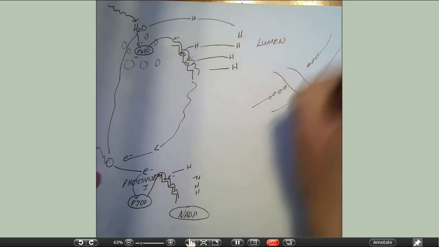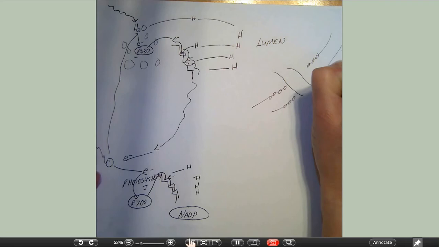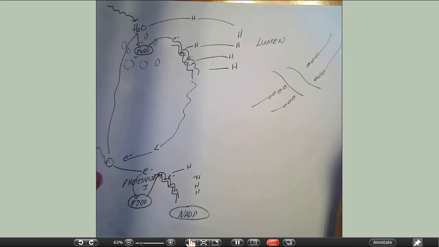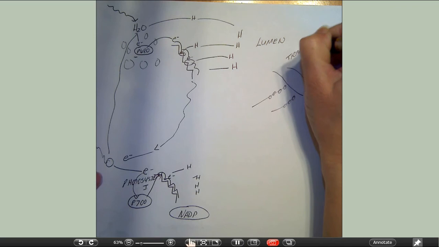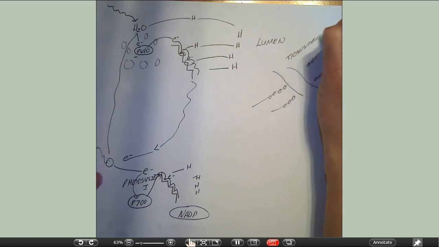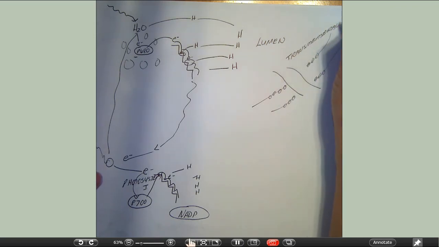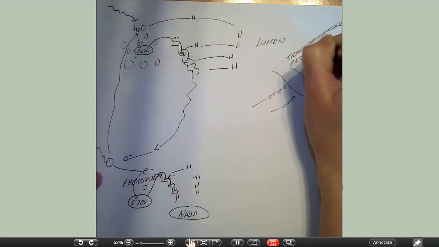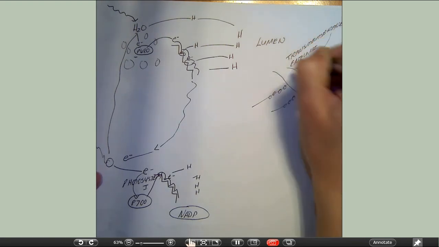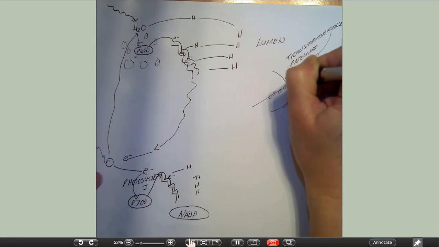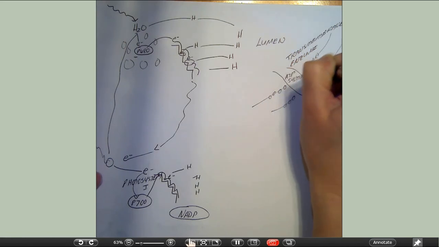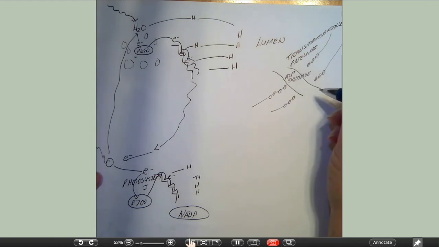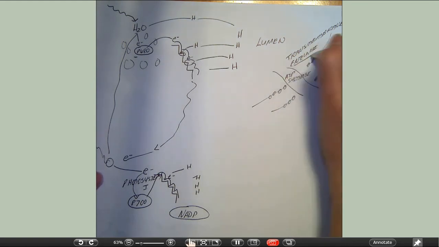Okay, there's my phosphates. They're going to flow through the membrane through the transmembrane protein called the enzyme ATP synthase. So what we have here is a transmembrane protein that is specialized because it's an enzyme.